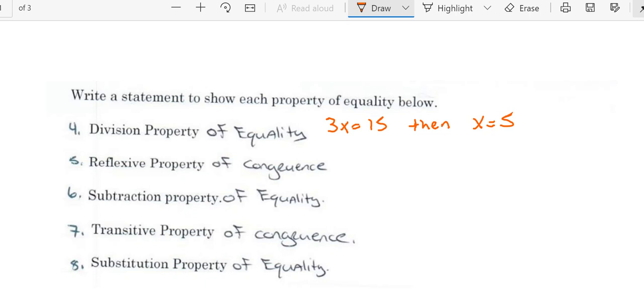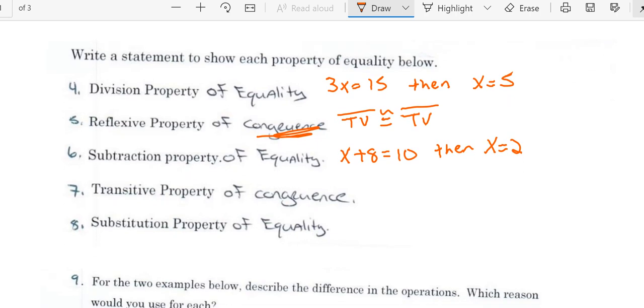That's when you have something like TV is congruent to TV. It says congruent, so make sure you put the right symbol. Everything's congruent to itself. Subtraction property of equality. It's something like x plus 8 equals 10. Then x equals 2.